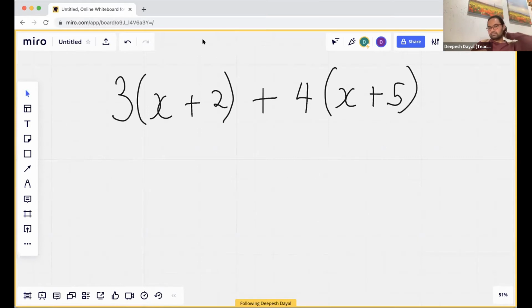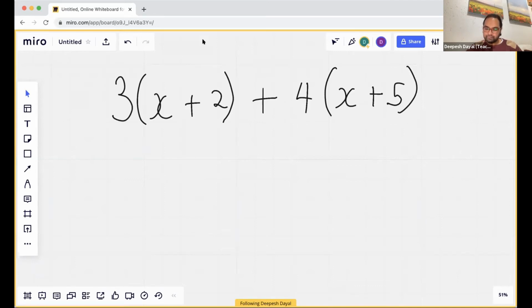3x plus 6 plus 4x plus 20. Okay, and then simplify it by adding everything together. Type in the chat so we can all compare. You're welcome to also unmute and let me know what your answer is.